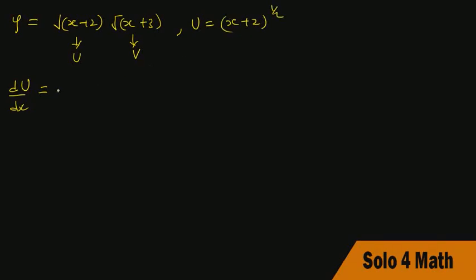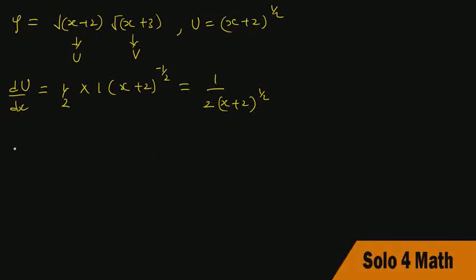So when you differentiate, the half comes down, times the derivative of the bracket, which is 1, into (x plus 2) to power, when you subtract the 1, it becomes negative a half, which we can write as 1 over 2. When this one goes down, it becomes (x plus 2) to power a half.